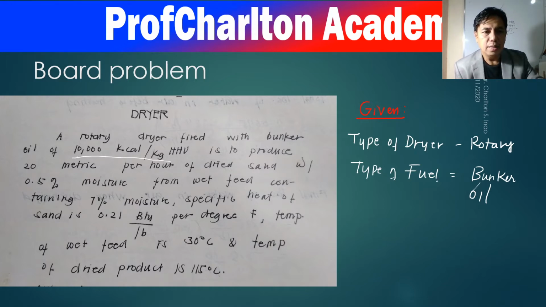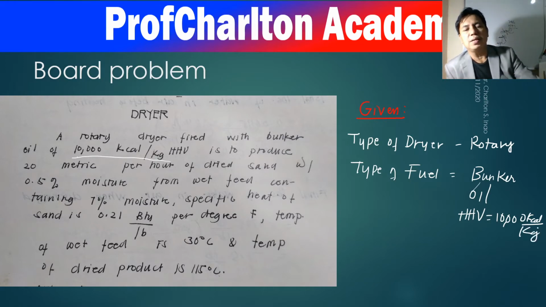I mean, this bunker oil has a higher heating value of 10,000. What's that? Calorie per kilogram, HHV. So what is HHV? Higher heating value. There's another measure of heat in combustion that is lower heating value.